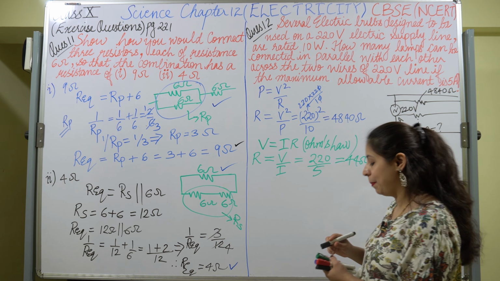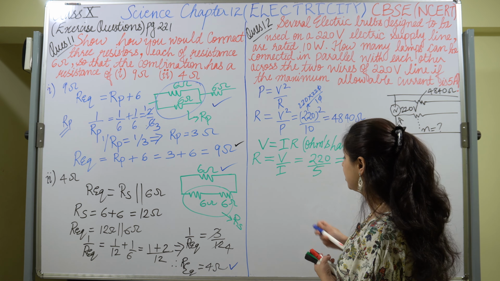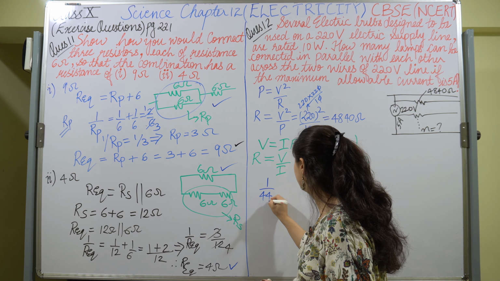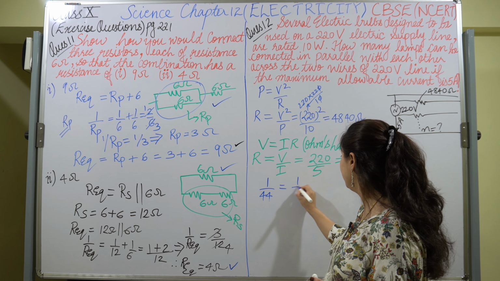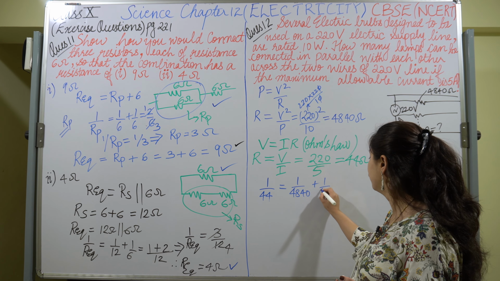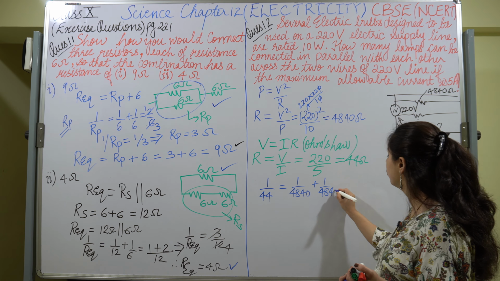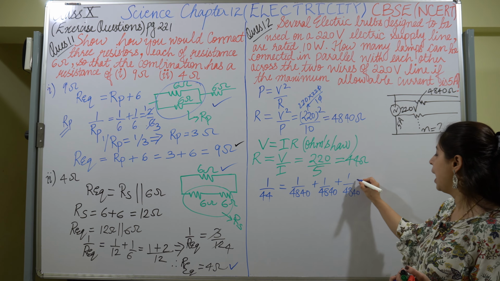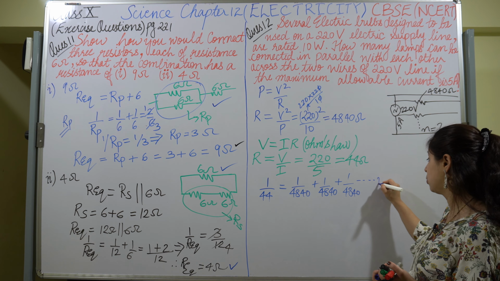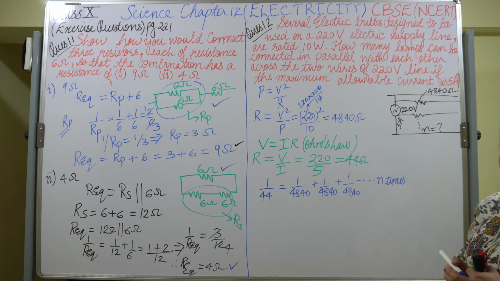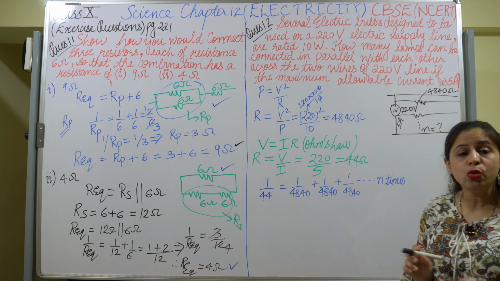So 1 upon 44 is equal to 1 upon 4840 plus 1 upon 4840 plus 1 upon 4840, and we don't know how many, so it goes n times.